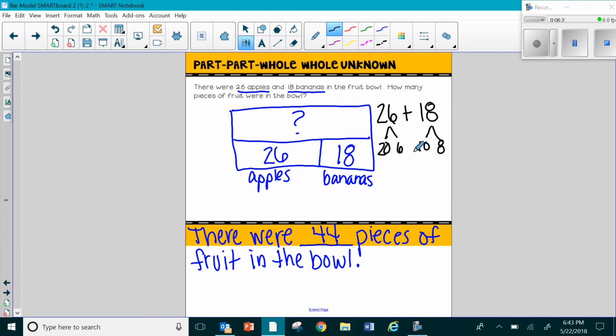So I'd add my two 10s. 20 plus 10 equals 30. And 6 plus 8 is 14. So 30 plus 14 equals 44, which is the same total that we got.